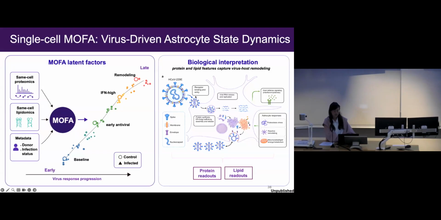And then how they affect the host cell: whether the receptor on the host cell changed, the vesicles, how their RNA is released, how they replicate in the host cells, the protein synthesis, how they affect ER-Golgi trafficking or host defense signaling, or finally maybe some proteostasis stress or reactive remodeling.